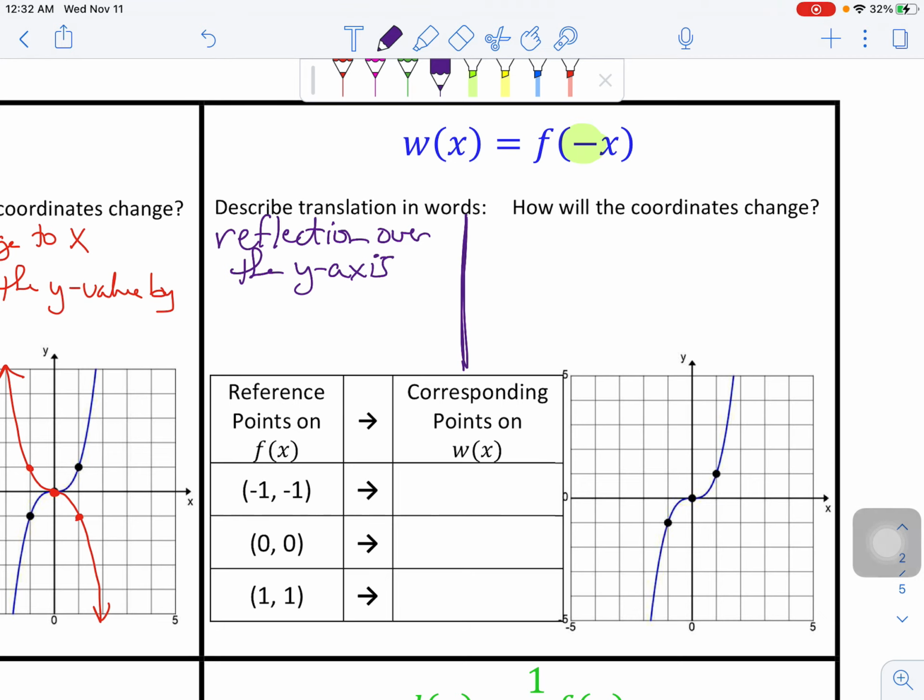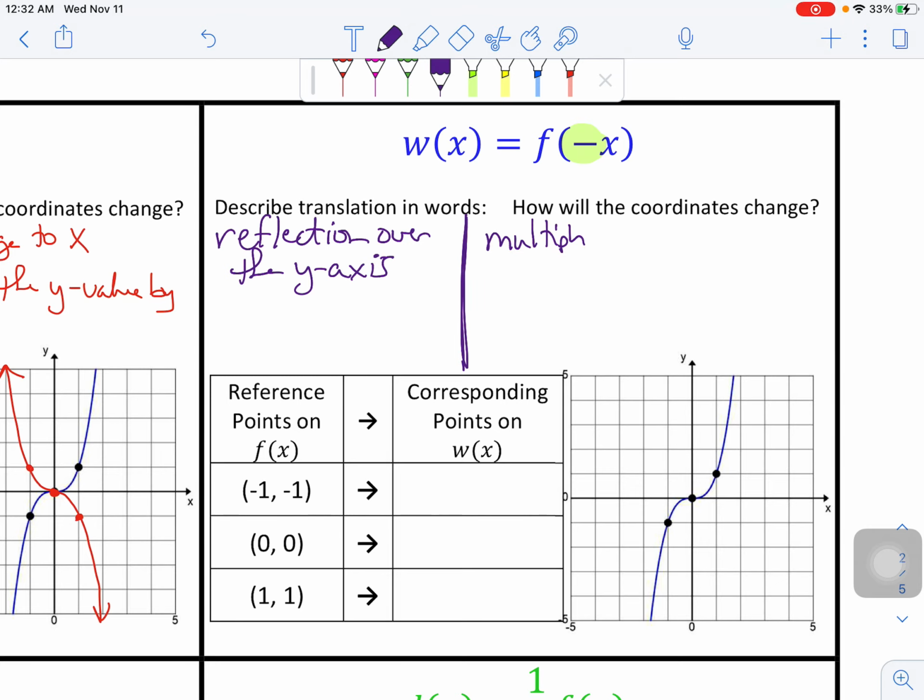Because it's reflecting over the y-axis, this point on the right is going to flip over to the left. The point on the left is going to flip to the right. The way we're going to do that is we're going to flip the sign of your x value.